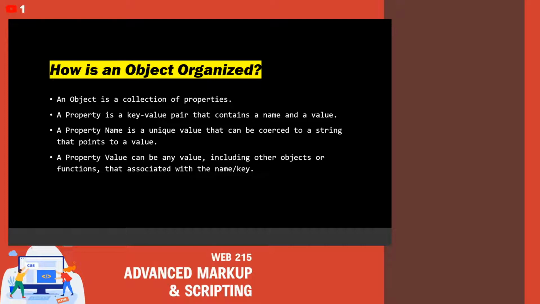Including other objects. When we're saying including other objects, we're talking about things like arrays, or references to other objects that we create. So things like arrays, other objects that we create, functions that we write, right? We can create a function and then make a call to a function inside of an array or inside of an object, and then return the value out of that function back to the object.